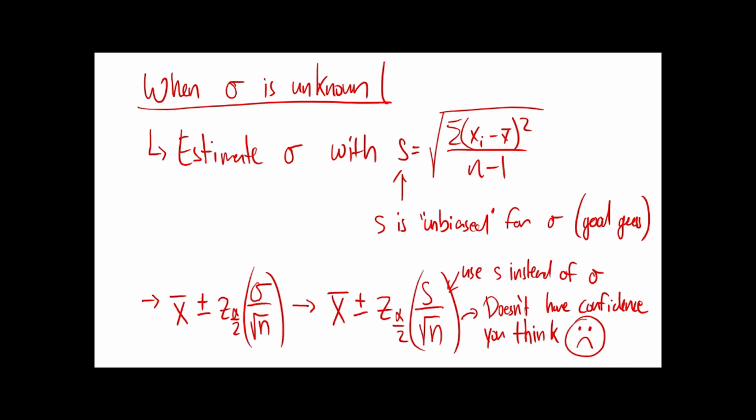So it's not quite there. You might think you're calculating a 95% confidence interval, but in reality, you might only be calculating like a 90% confidence interval or something like that. The problem is that this standard deviation is estimated. So sometimes it's going to be too big or too small and you don't know. That's a problem.